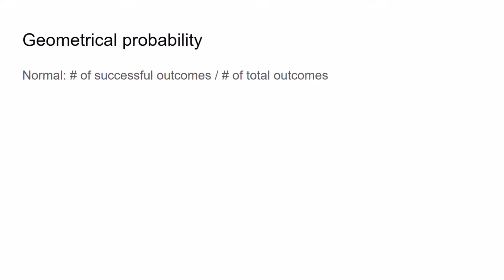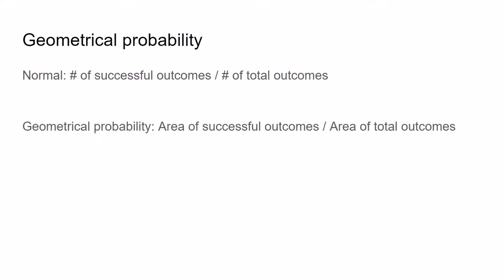One way to get around that is by using geometrical probability. With geometrical probability, we find the area or length or volume of successful outcomes and divide that by the area, length, or volume of total outcomes.